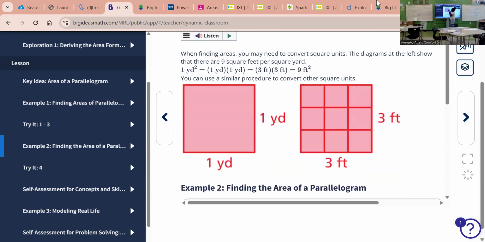In other instances too, they can ask you to find the area in a different unit, so you would have to do the conversion. Sometimes they ask you to find the area in square centimeters, but they give you the question in square meters.